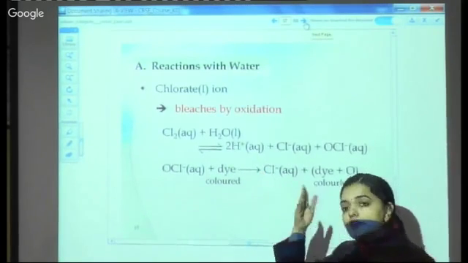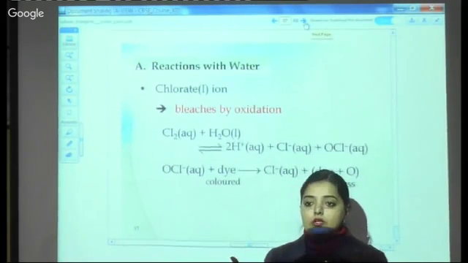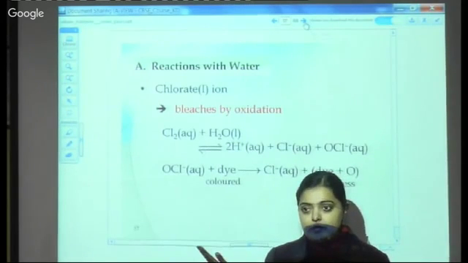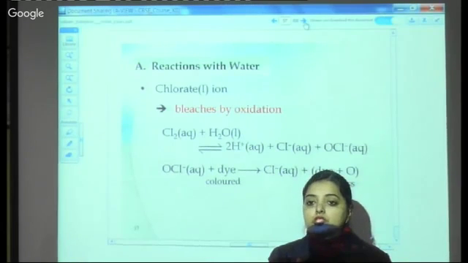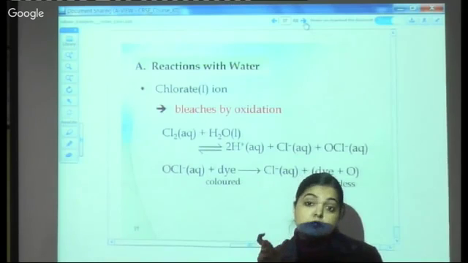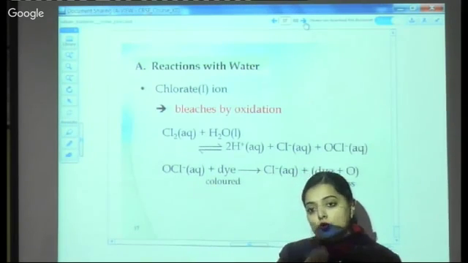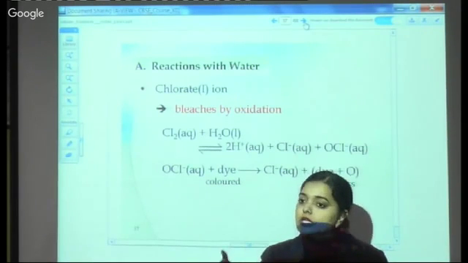Fine. So if a question is asked about what happens to chlorinated water whose color changes, what remains behind? You need to be very cautious while reading the question, to see what it is demanding. If it is chlorine water, what does it give? Chlorine water will give HOCl and HCl.